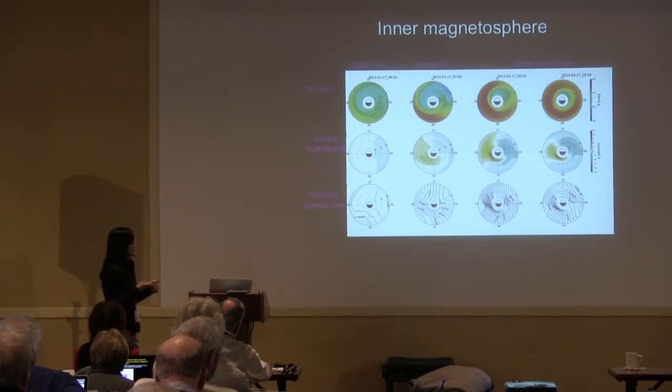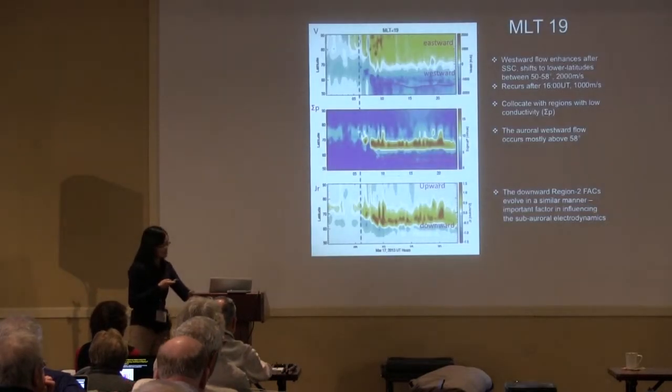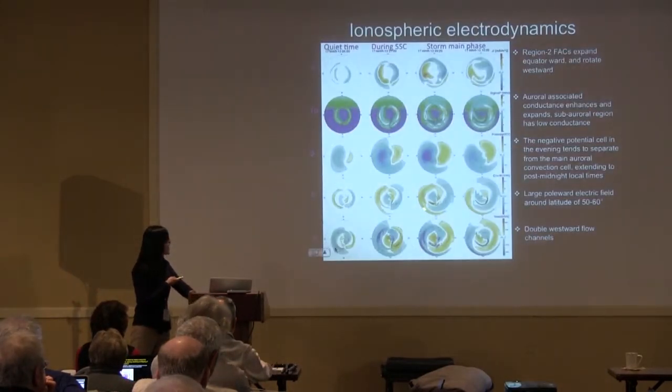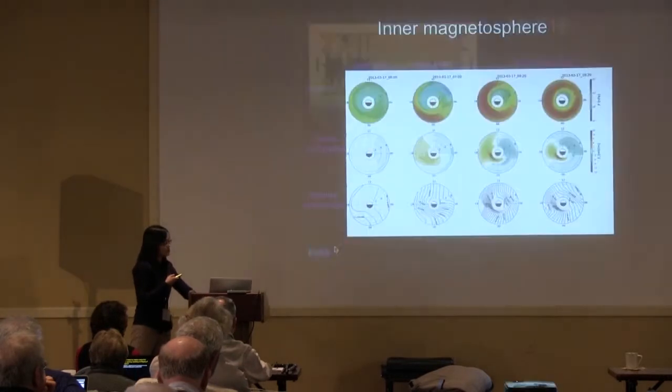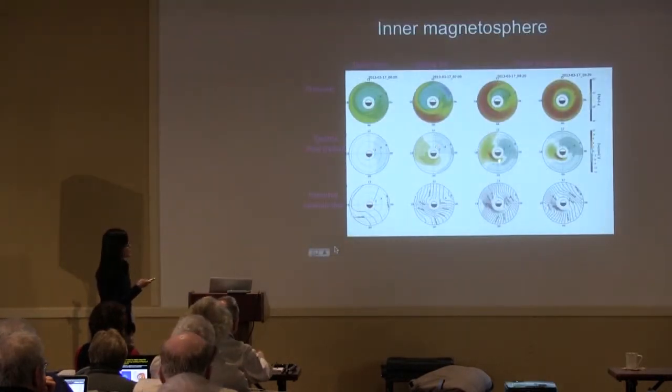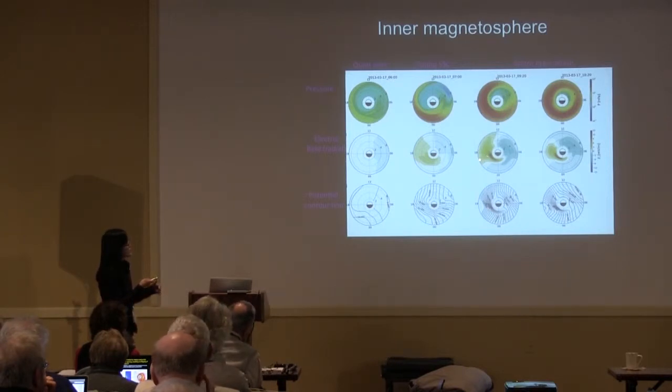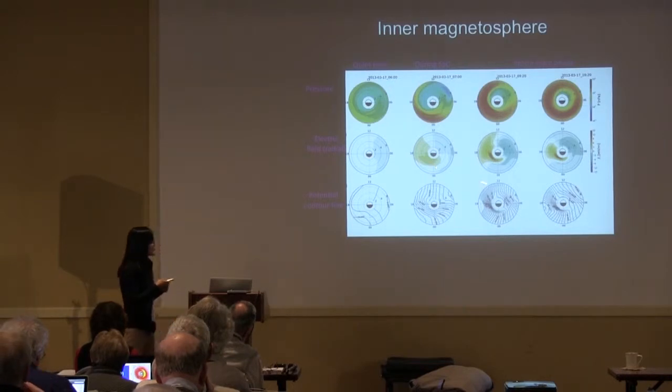So previously we saw that there's a large poleward electric field in the subauroral region, like here. When it is mapped down to the inner magnetosphere, you will see a radially outward electric field in this region between L of 2.5 and 4, like in this region. And this largely enhanced electric field is because of the shielding effect of the region 2.